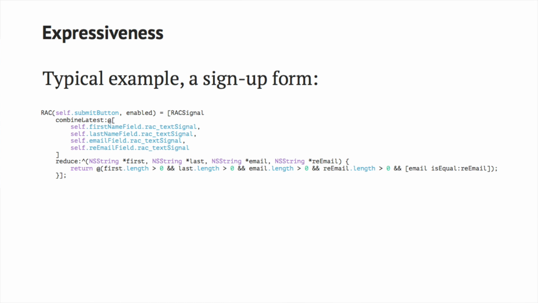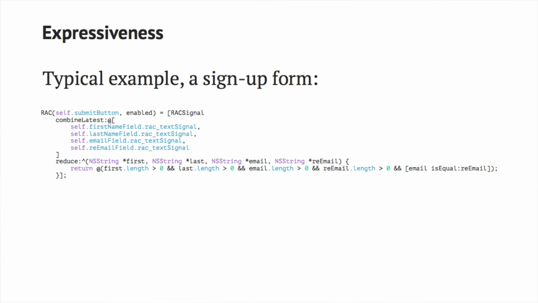This is a kind of stereotypical Reactive Cocoa example. Basically it's a sign-up form, which in this case has a first name field, a last name field, and 2 email fields. If you were to do this with events off those text fields, you'd have code somewhere else, and you'd have to check which field it was, to see whether to assign it to a first name or a last name, and then rerun a computation.